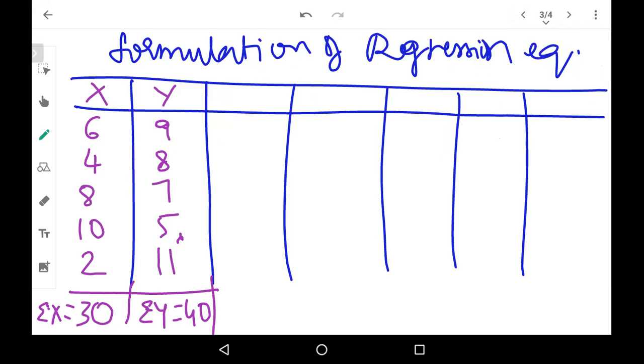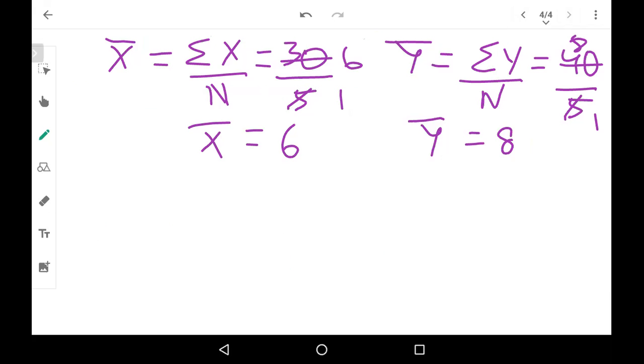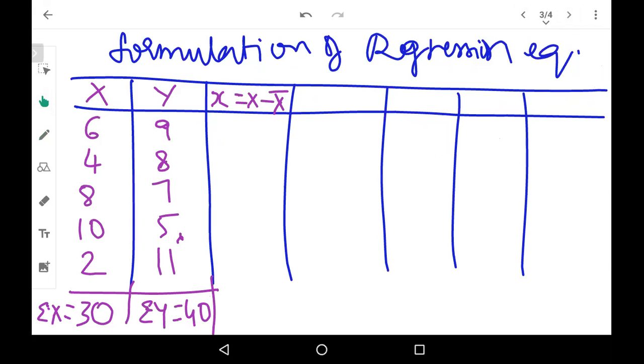Okay. Now moving further, we will find the small x, that is nothing but deviation, which is x minus x bar. Now we know what is x bar already, that is 6. So here it is going to be x minus 6.